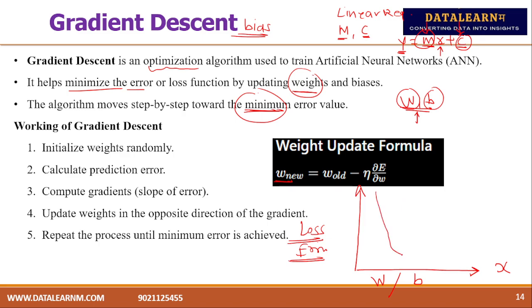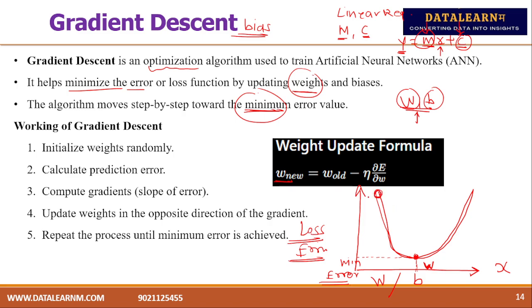So this works in this fashion. Some curve is there which converges to the downward position. Suppose this curve is there, which will have some value of w or b on the x-axis, but this lowest point defines the minimum error. How is this working?